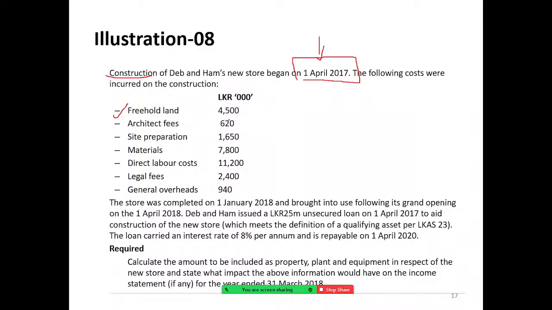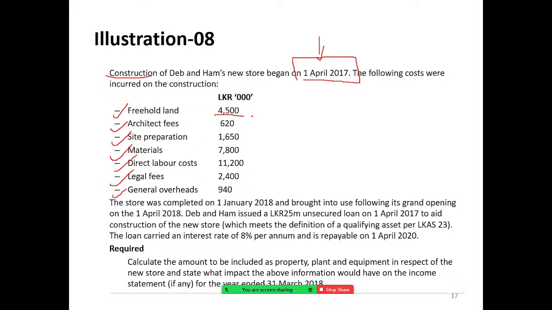They have purchased the freehold land for 4,500,000. Architect fees 620. Site preparation, material cost, direct labor cost, legal fees and general overhead.